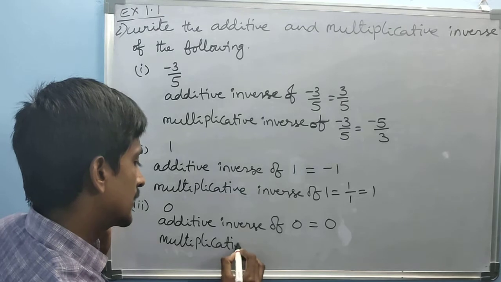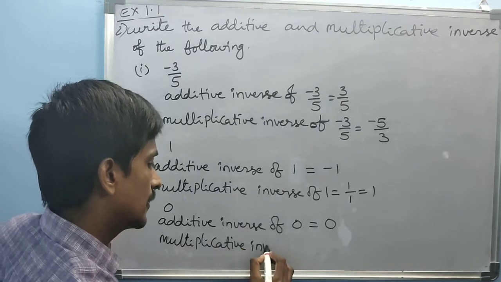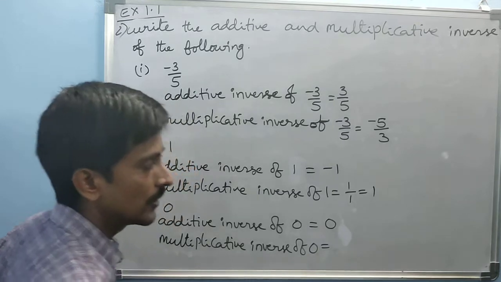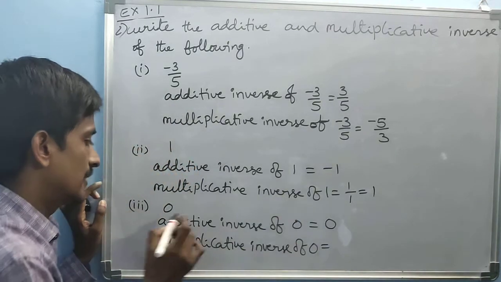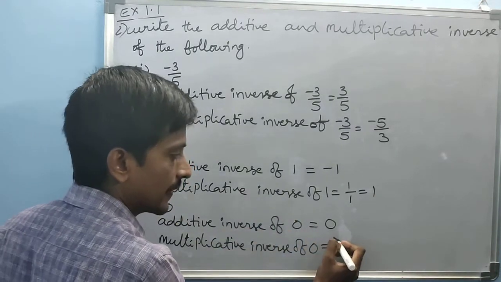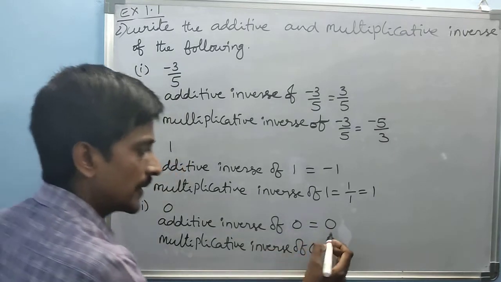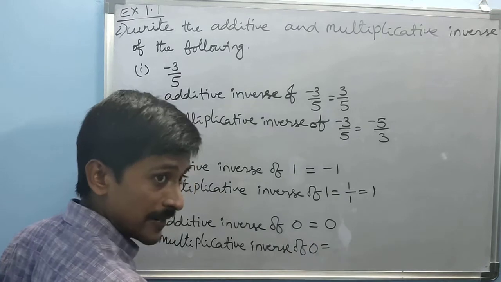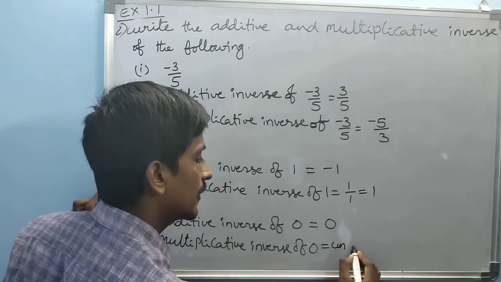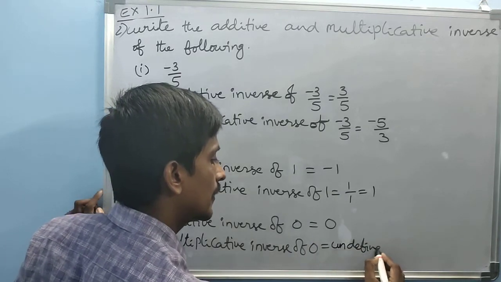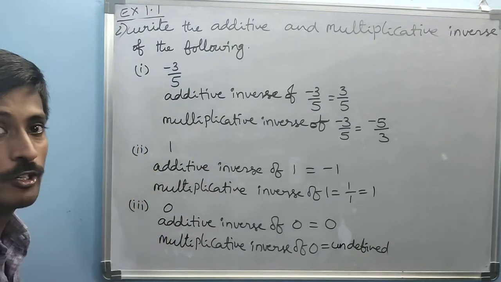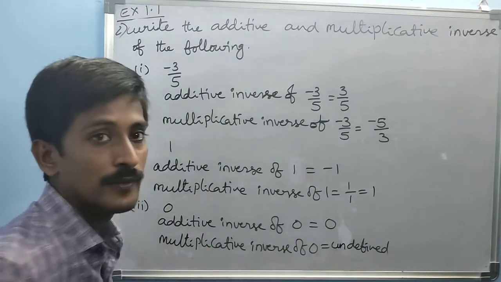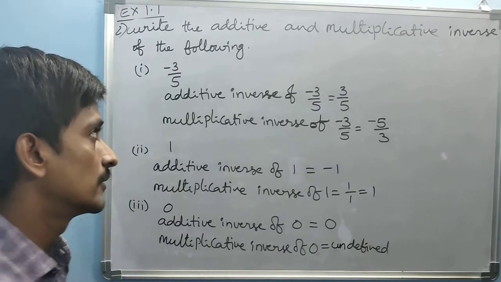Multiplicative inverse of 0: 0 by anything means 0, but anything by 0 means undefined. We don't know the multiplicative inverse of 0; it is undefined.